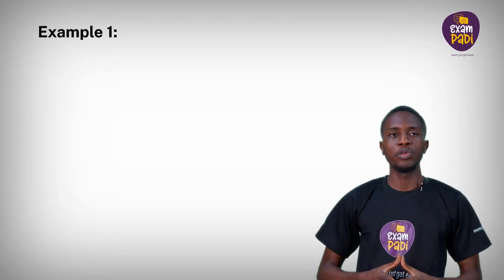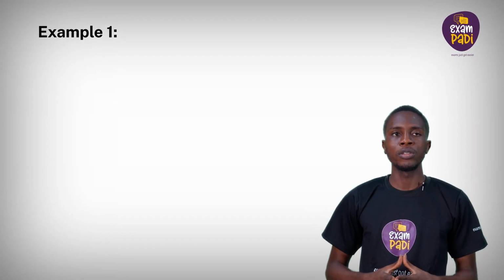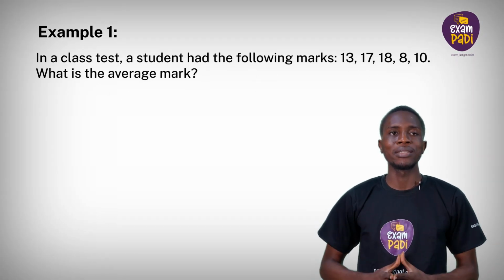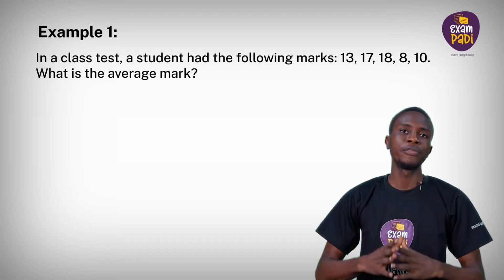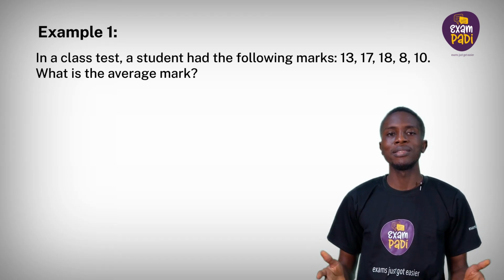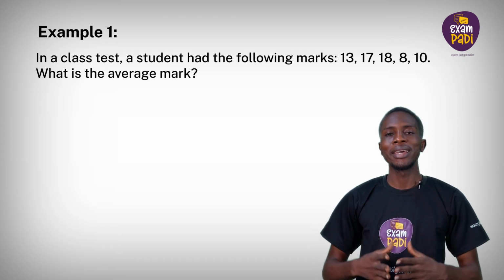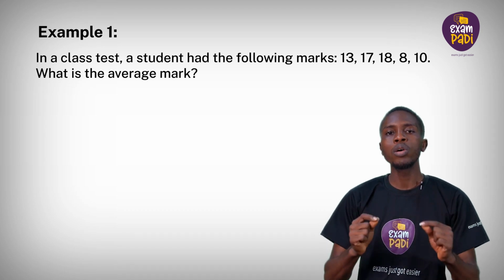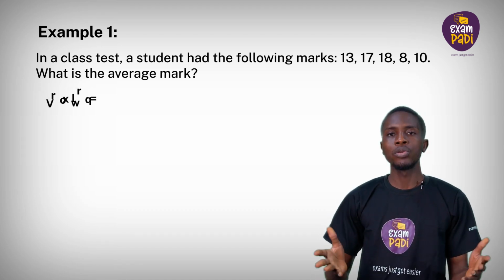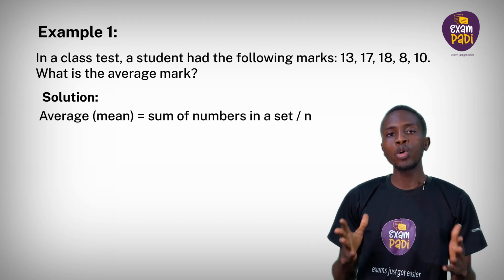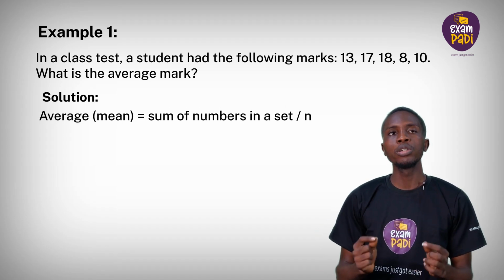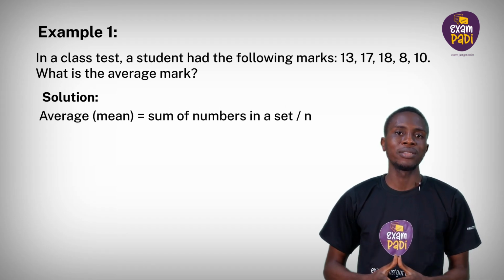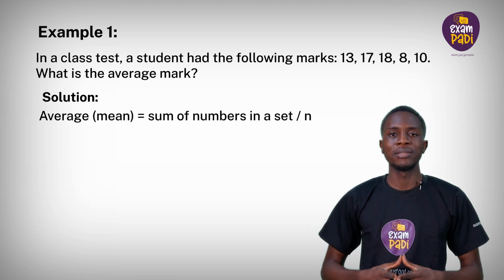Let's take a look at a few examples. Example 1. In a class test, a student had the following marks: 13, 17, 18, 8, and 10. What is the average mark? Solution. Average, also known as mean, equals sum of numbers in a set divided by n.